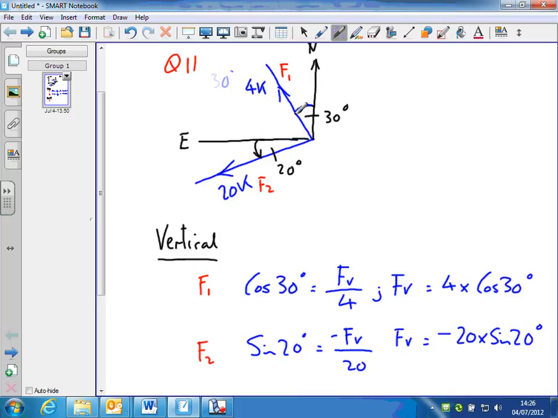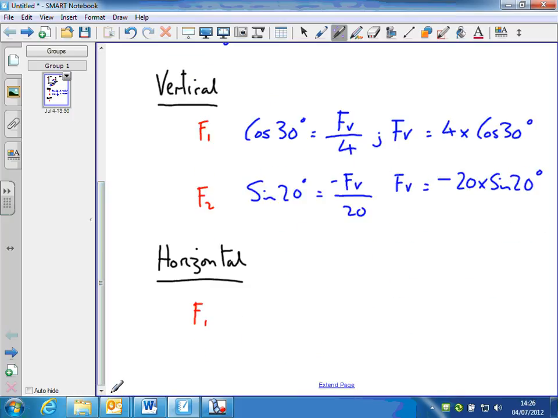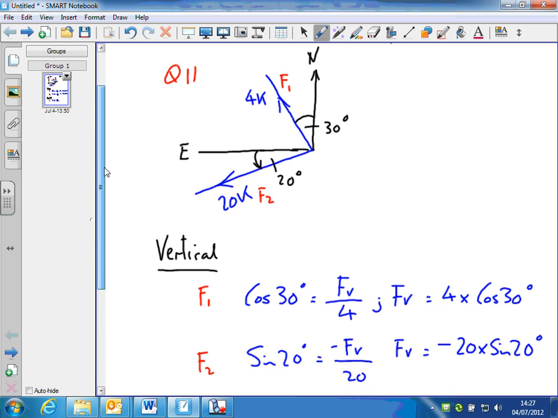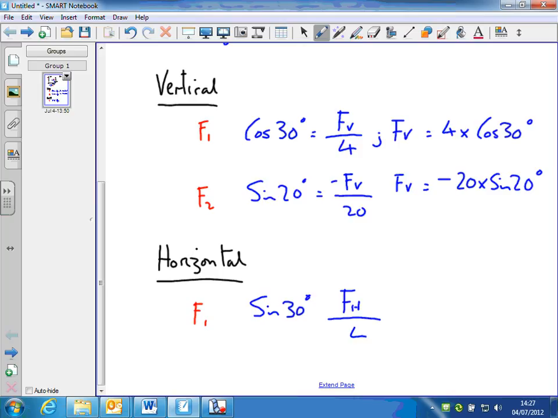So it's sine 30. So sine 30 equals the opposite, which is the horizontal component of the force, over 4. So that means that F horizontal is 4 times the sine of 30.